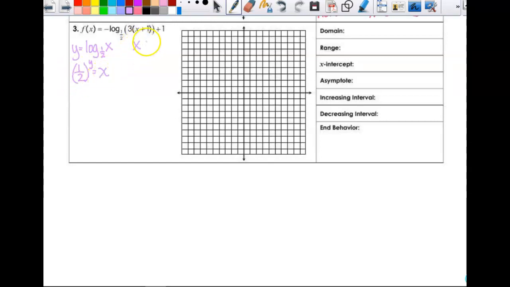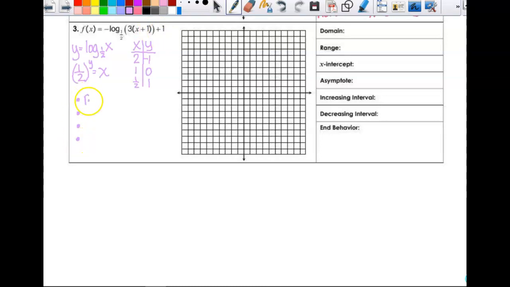And then I'm going to make myself a little chart because I choose for y here and I don't want to get them mixed up when I'm graphing. So if y is -1 this would be 2, and then 1, and then 1/2. Those should really be easy to figure out. I have 1, 2, 3, 4 transformations.